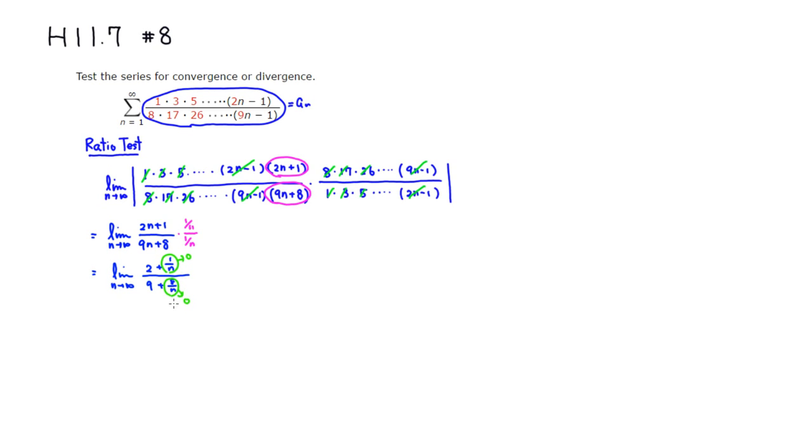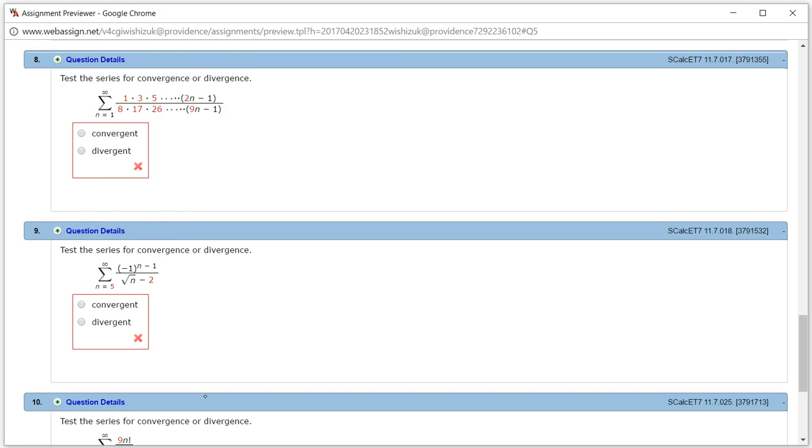Same deal here. This means the limit is going to be 2 over 9, which is definitely less than 1, which means this series is absolutely convergent. So let's type it in. This series is convergent.